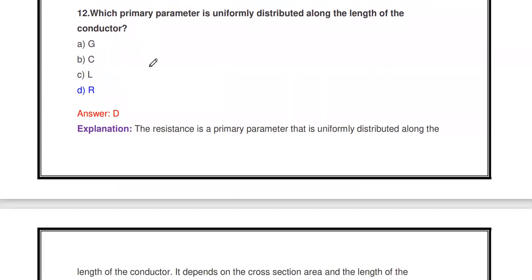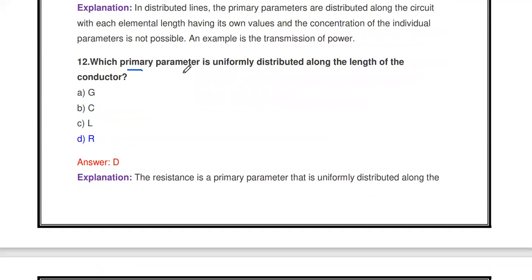Then the next one, which primary parameter is uniformly distributed along the length of the conductor? You know the primary parameters: RLGC, resistance, inductance, conductance and capacitance. Of these, which is uniformly distributed along the length of the conductor? Resistance.